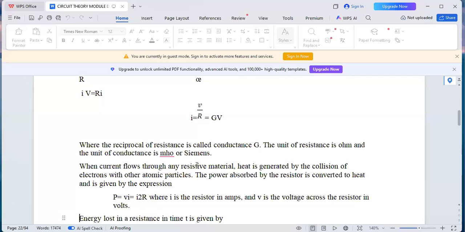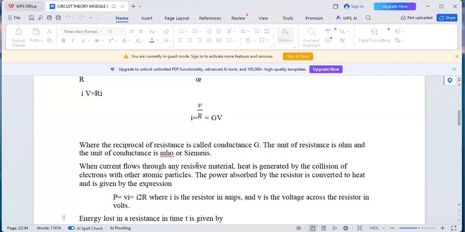When current flows through any resistive material, heat is generated by the collision of electrons with other atomic particles. The power absorbed by the resistor is converted to heat and is given by the expression power. Remember, power is equal to VI or IV.